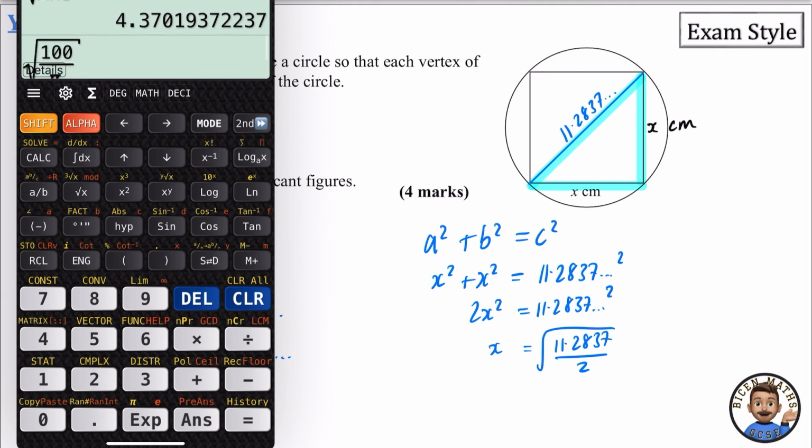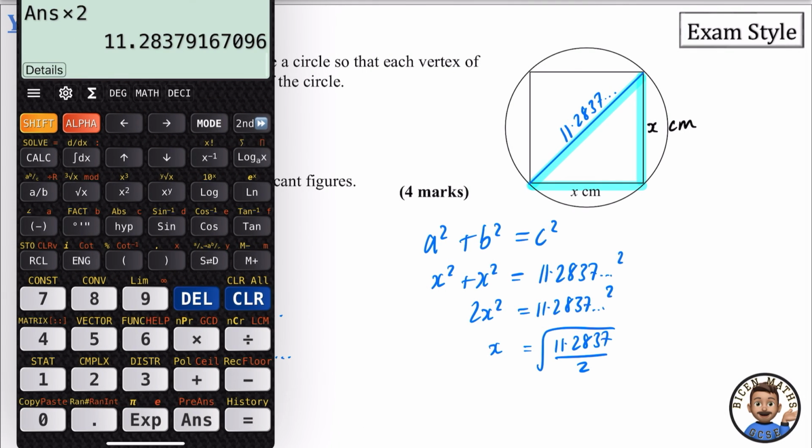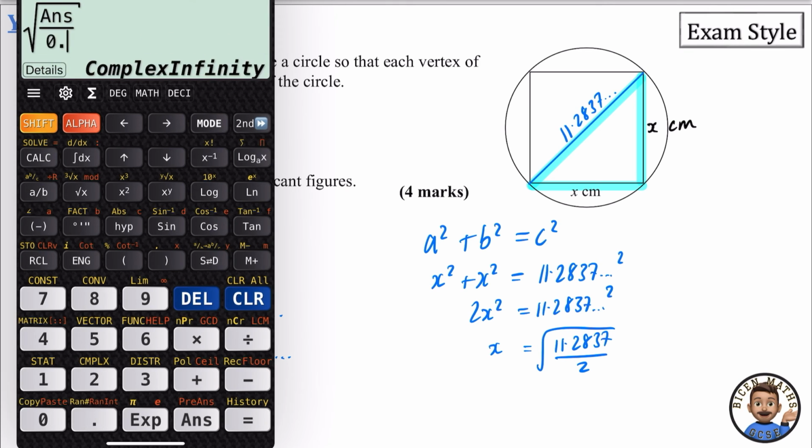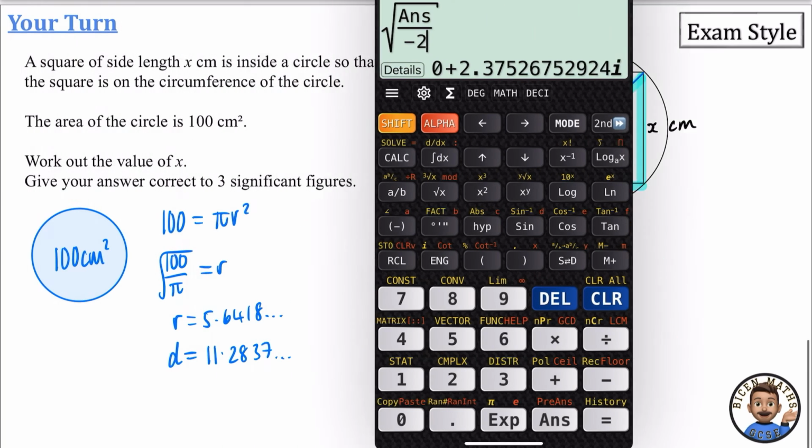So I've already got that stored on my calculator as the answer, so I can actually just type in answer instead of this thing. So I'm going to do the square root of the answer divided by 2. And I get that my answer for x is therefore 2.3, so I haven't got the squared for the answer. No wonder it doesn't make any sense.